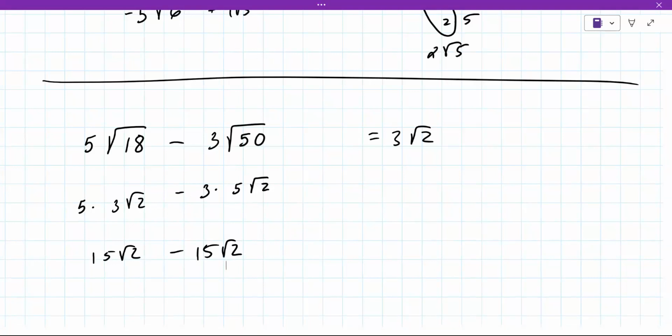Okay, can I have like 10 more seconds or 15 more seconds just to fix my mistake? Yep. Yeah, redo the 50.